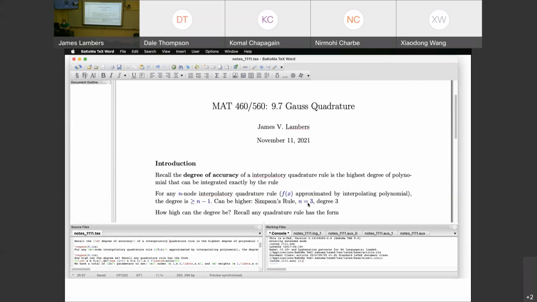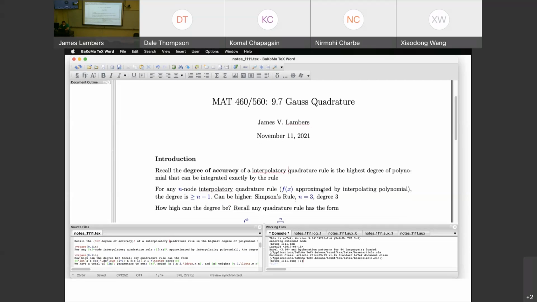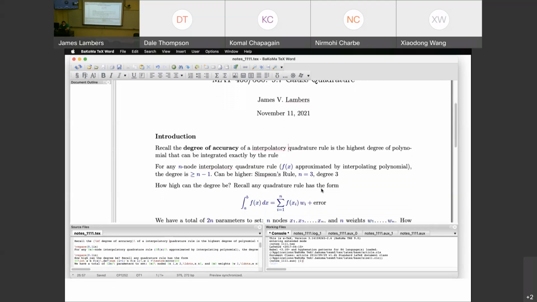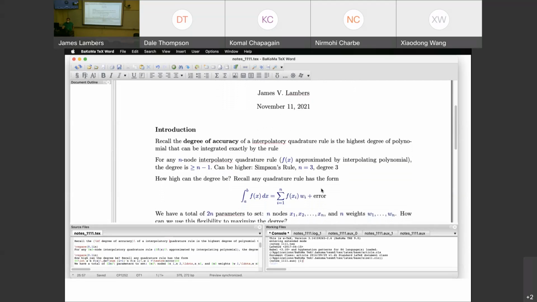So what we want to look at now is how high can a degree possibly get? What if we seek to maximize the degree of accuracy? For a given number of nodes, we want to be able to integrate exactly polynomials of as high degree as possible. And it turns out it's not so difficult to answer that question, because if we have a general quadrature rule, we have 2n parameters.